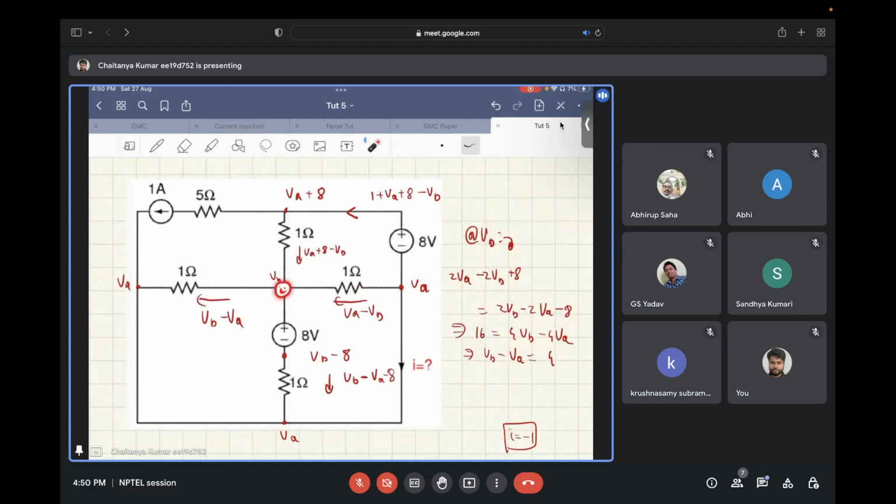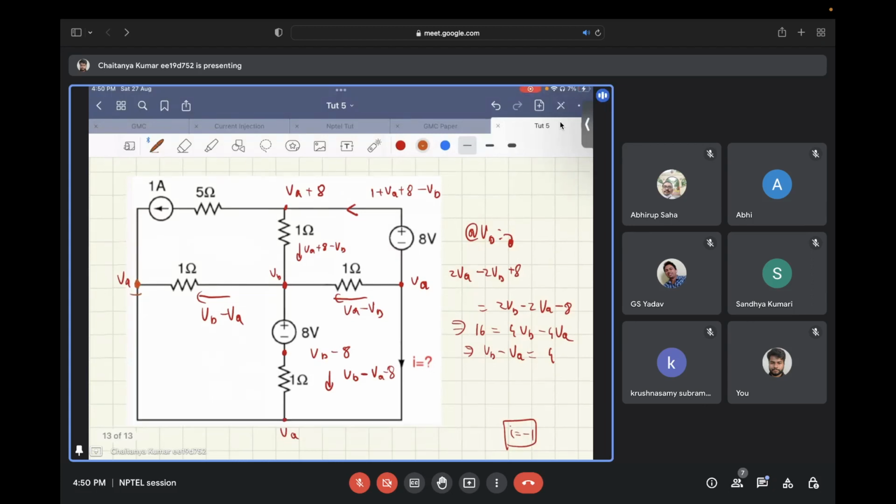If you apply KCL at this node, you get one equation in VB minus VA. Now let's apply KCL at the other node. In this branch you have current as 1 plus VB minus VA, and what will be the value of I?